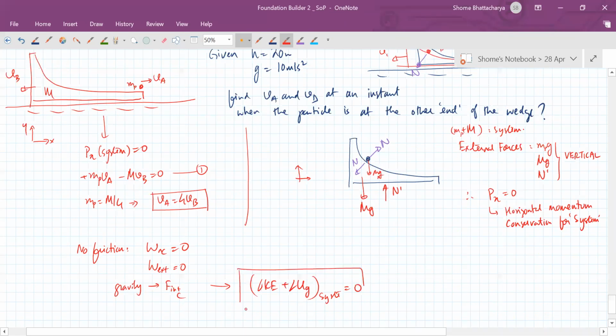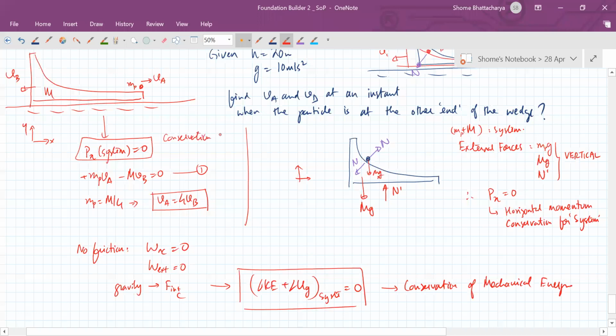So this is conservation of mechanical energy. This was conservation of linear momentum, or horizontal linear momentum. And this is now conservation of mechanical energy.